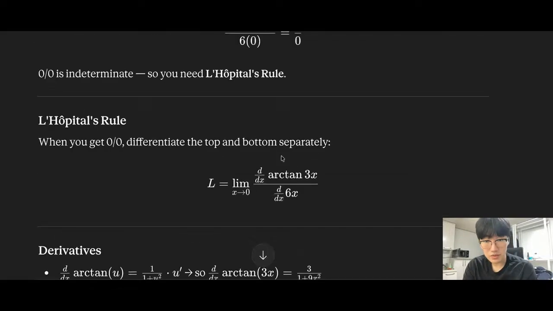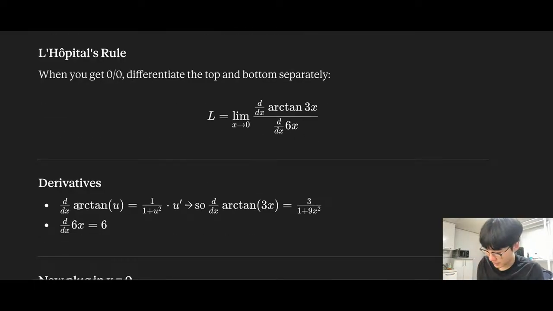You just need the derivative of both. The derivative of 6x is just 6, and for the derivative of arctangent of 3x, arctangent's derivative is 1 over 1 plus u to the power of 2, times u prime.